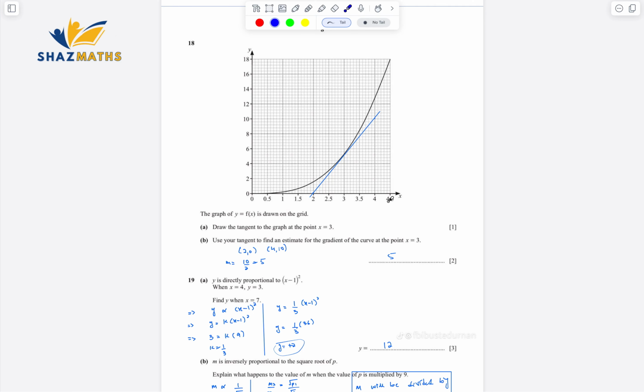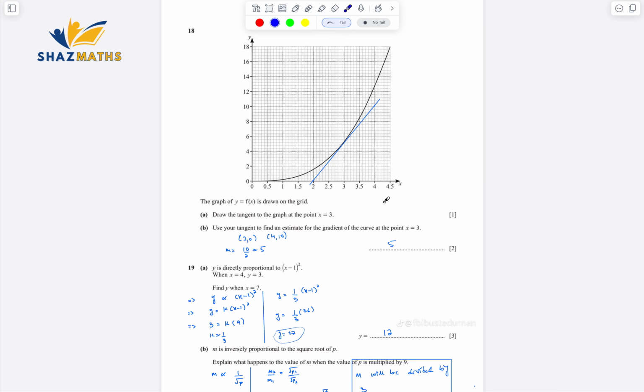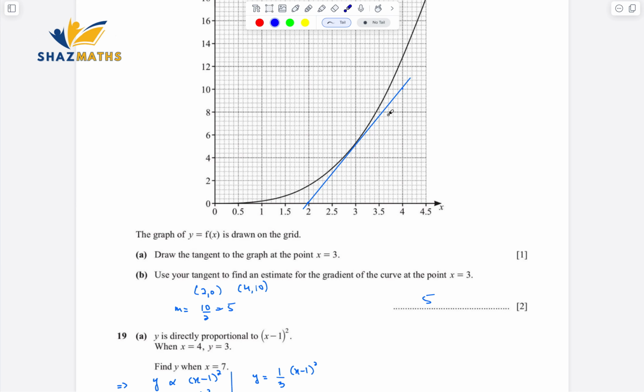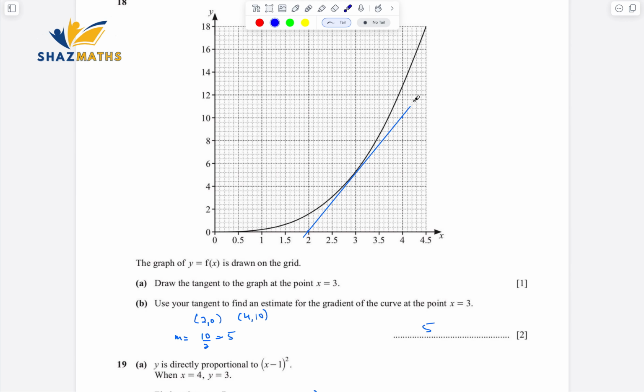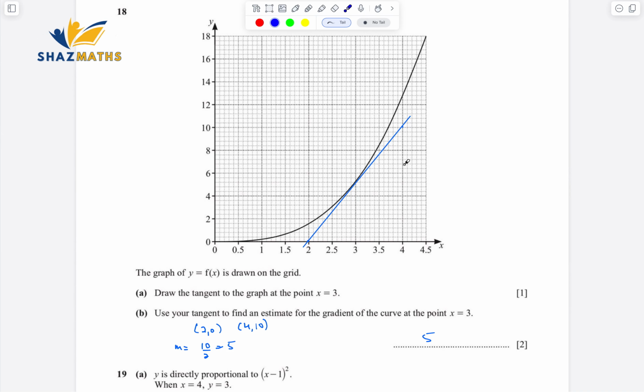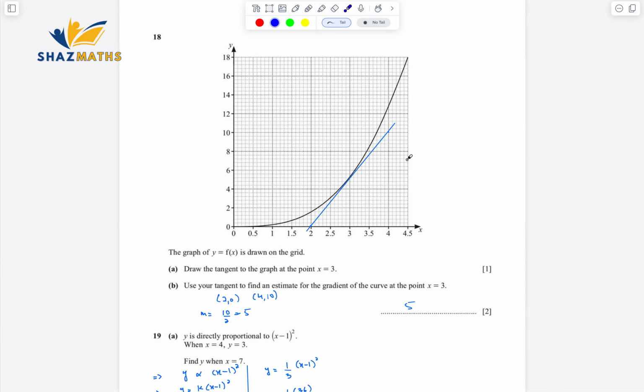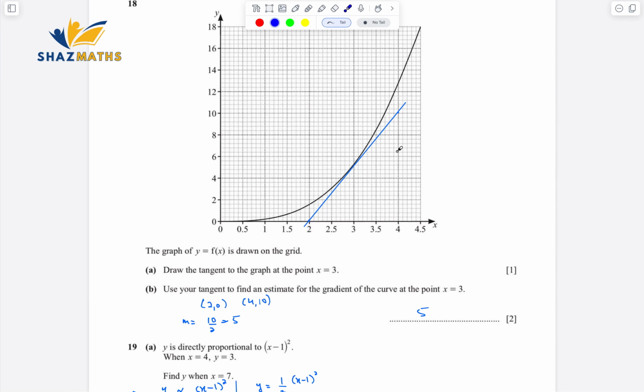Okay, I'll try to adjust it. Hold on. Slightly tilt it this way.